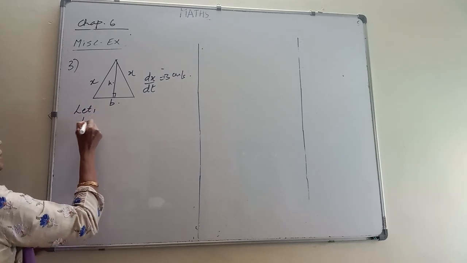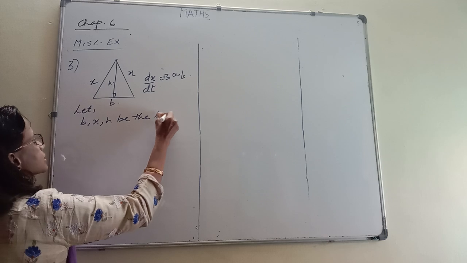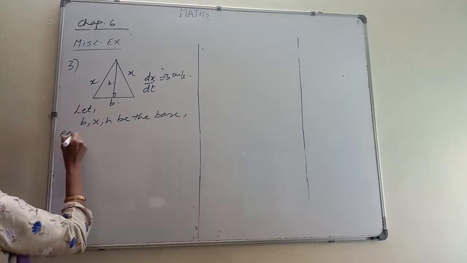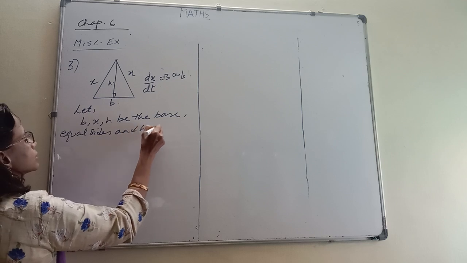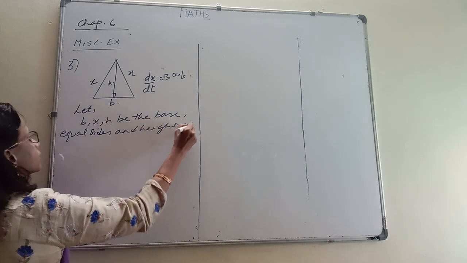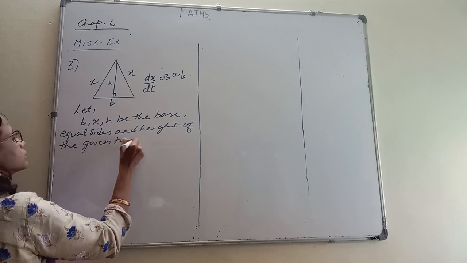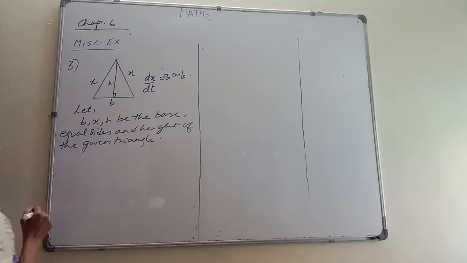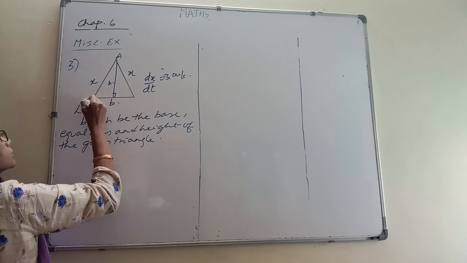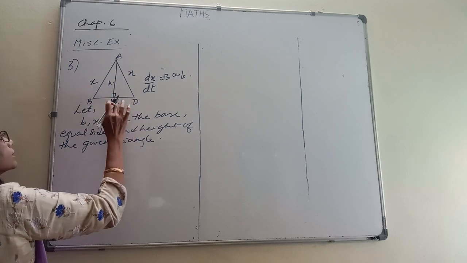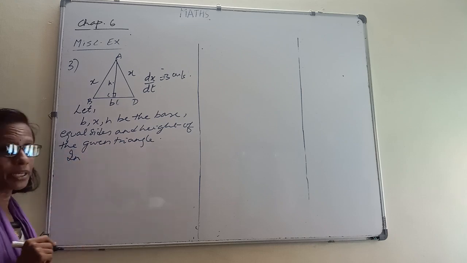Let B, X, H be the base, equal sides and height of the given triangle. In right triangle ABC, we have dropped the height, so it will be a right triangle.